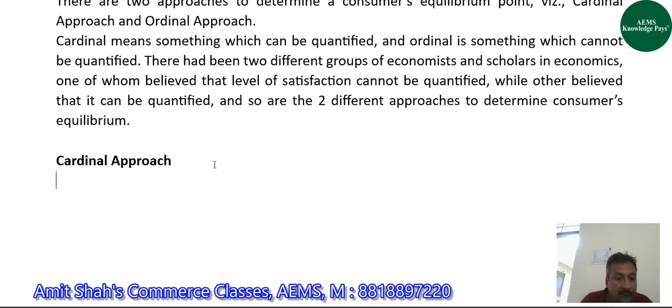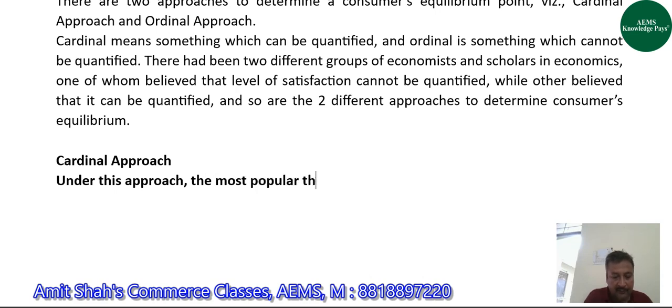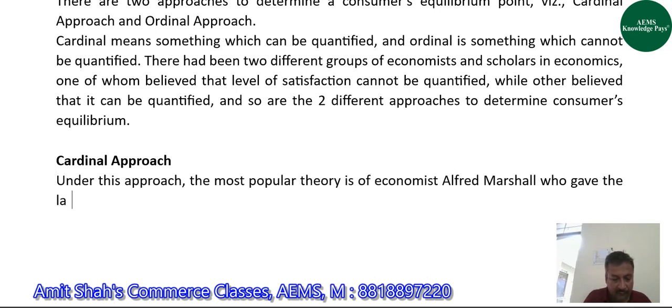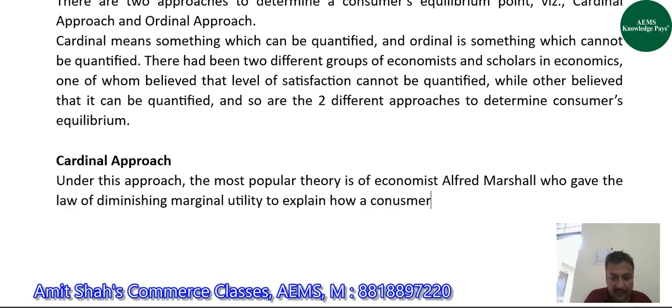Am I clear? So, under this approach, the most popular theory is of economist Alfred Marshall, who gave the law of diminishing marginal utility to explain how a consumer attains equilibrium.